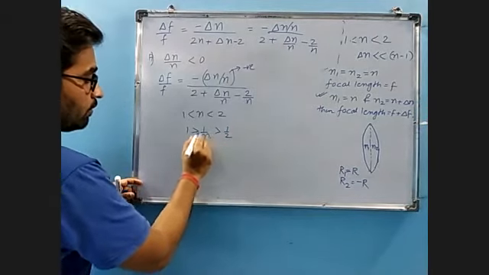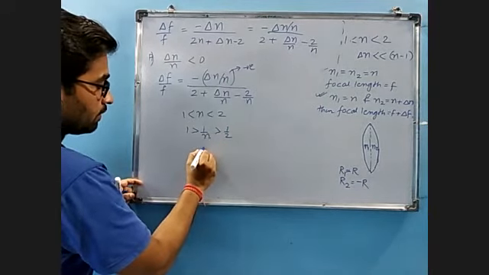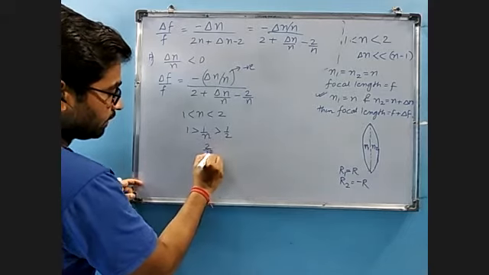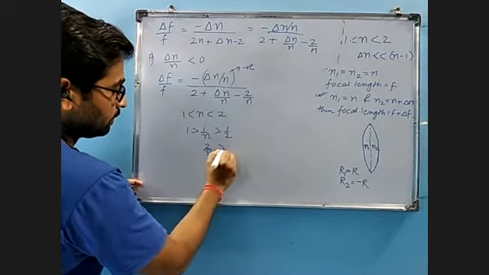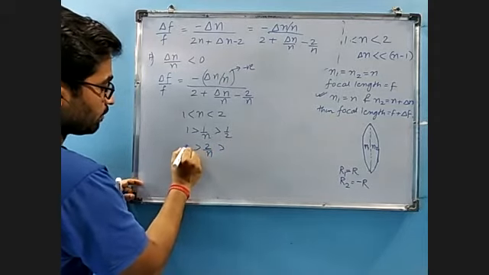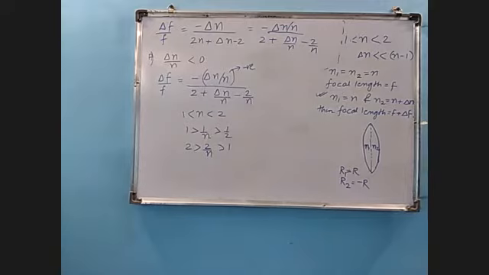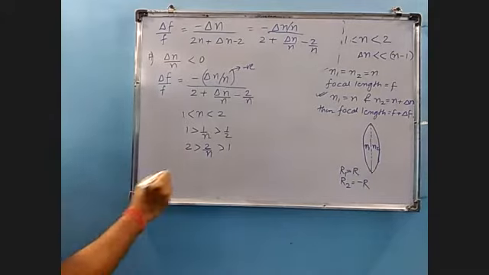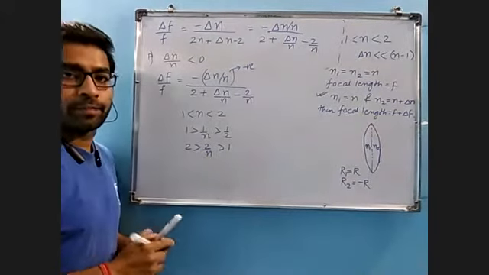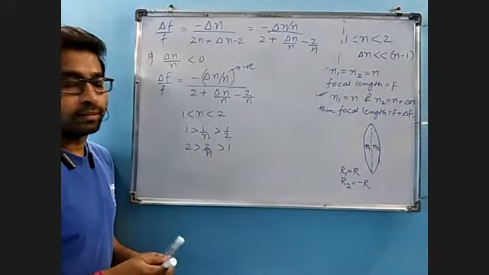Now multiplying both the sides by 2, the value of 2 by n will lie between 1 and 2, right?